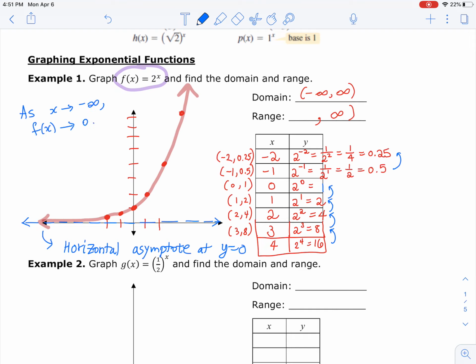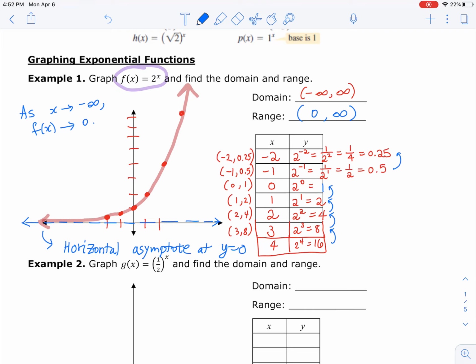Because as you keep on going to the left, as x approaches negative infinity, f of x is approaching 0. So horizontal asymptote is at y equals 0, and all the exponential functions will have a horizontal asymptote.